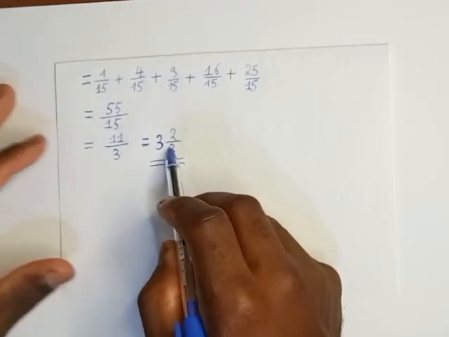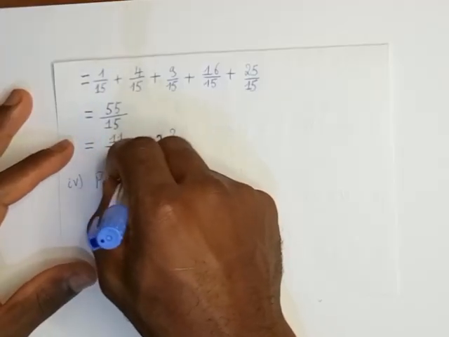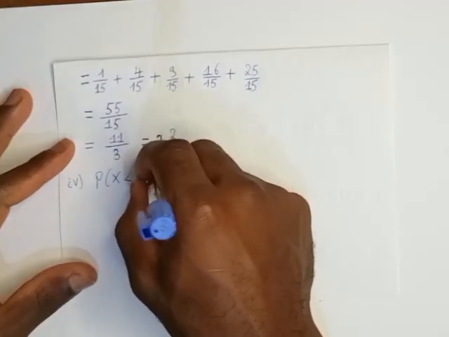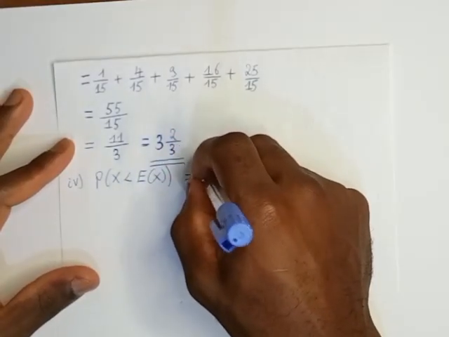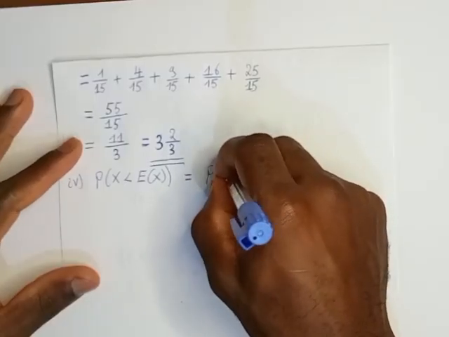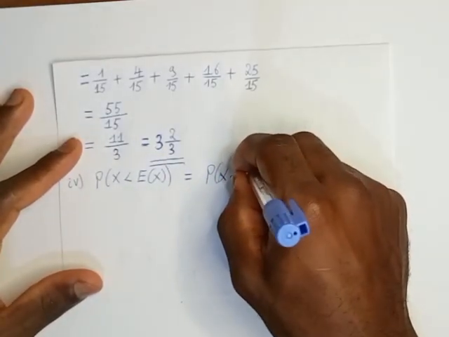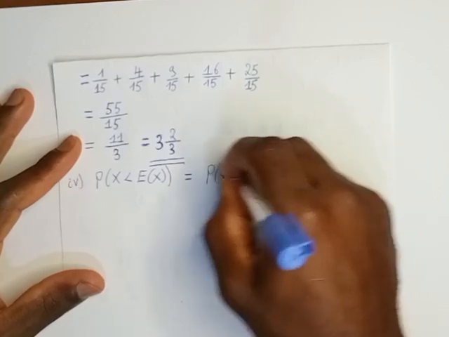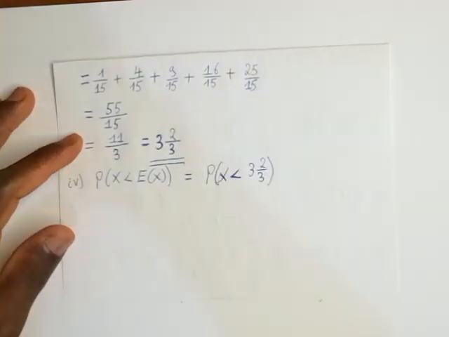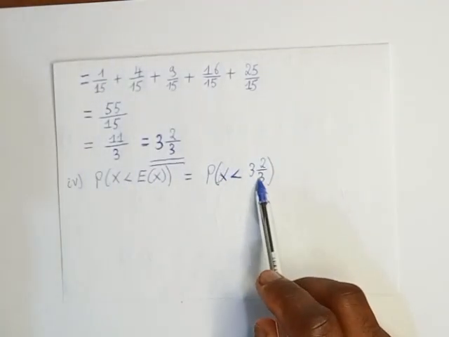Next question, for question 4, we have to find P(X < E(X)). We have to find the probability of X less than E(X), which is 3 and 2/3. That means we take all the integer values of the outcomes which are less than 3 and 2/3.